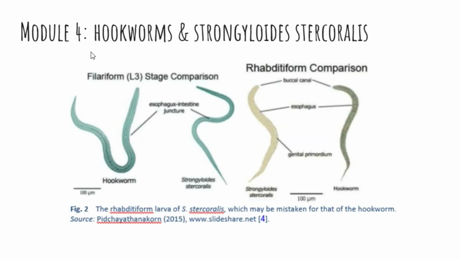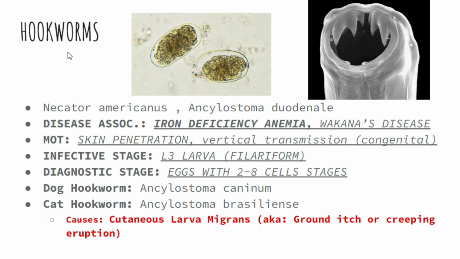So for Module 4, we will be comparing hookworms and Strongyloides stercoralis. First, we have the hookworms. Although I mentioned earlier that we have 4 different entities, the 2 main ones are Necator americanus and Ancylostoma duodenale.